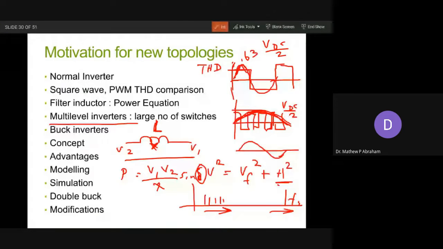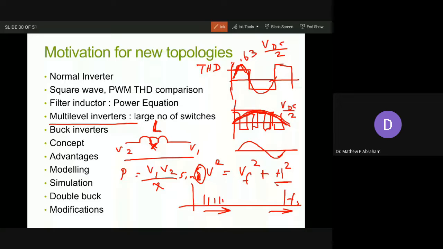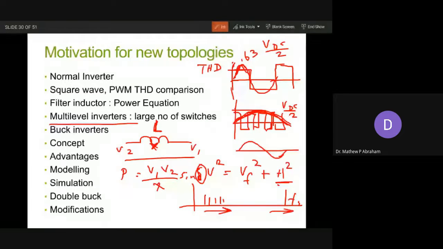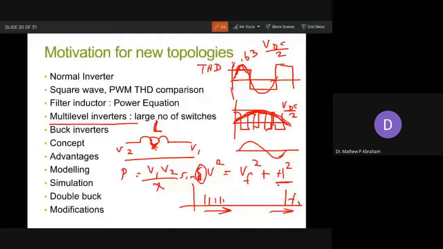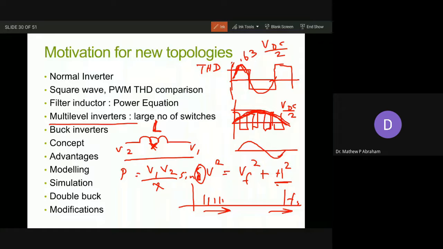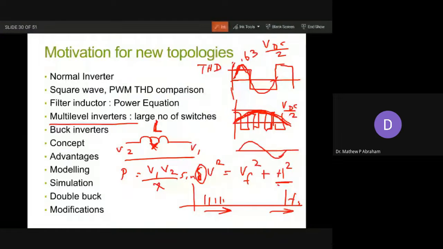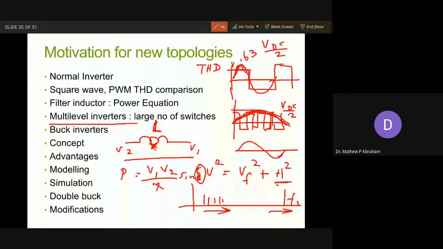The disadvantage of multi-level inverters is that with the addition of each and every level, the number of components increases, right? We know that in order to increase the level by 1, we have to introduce 2 or 3 switches per phase, right? It becomes very bulky. So another solution, the new trend, is what is called the buck inverters.